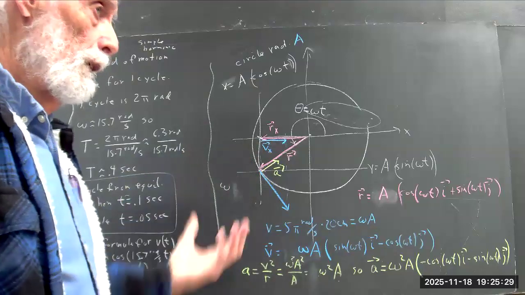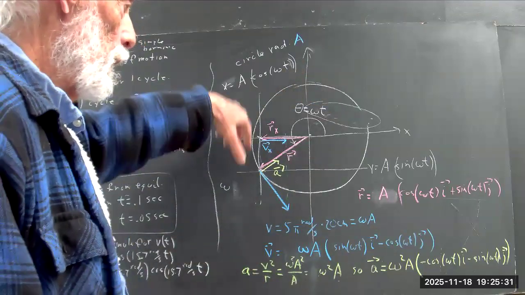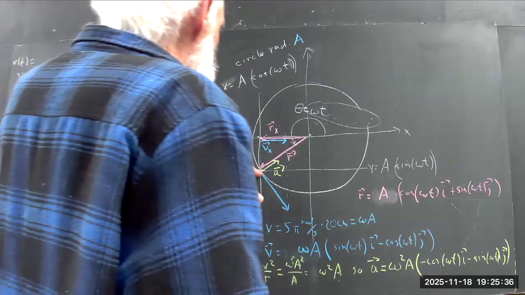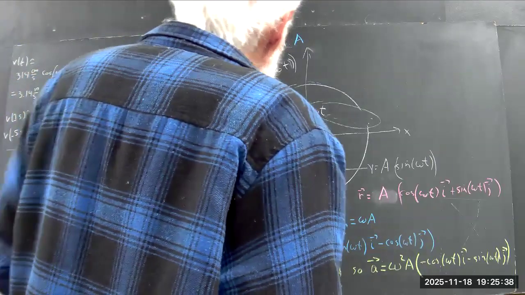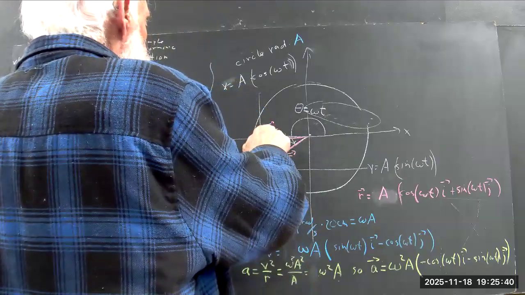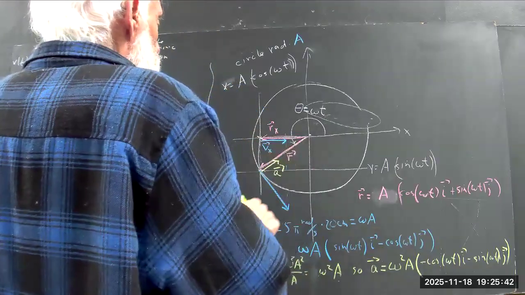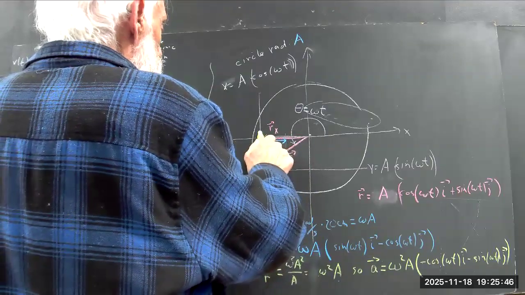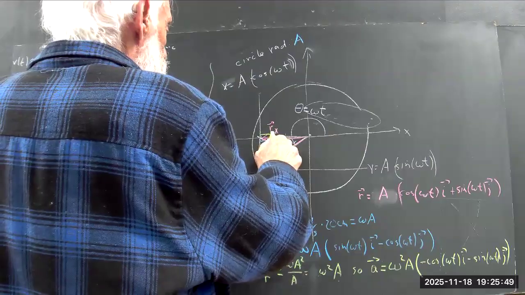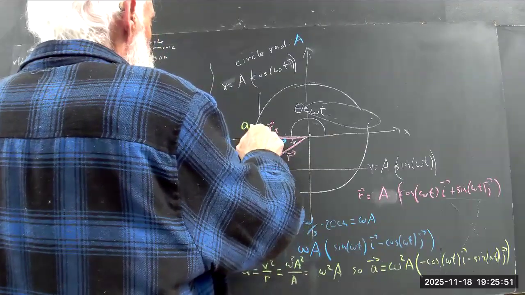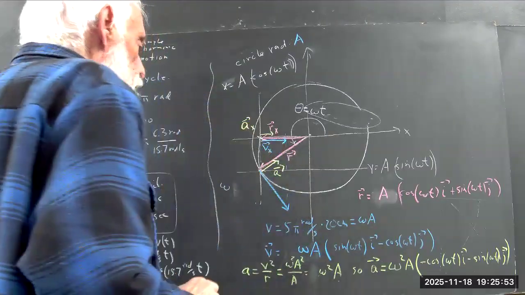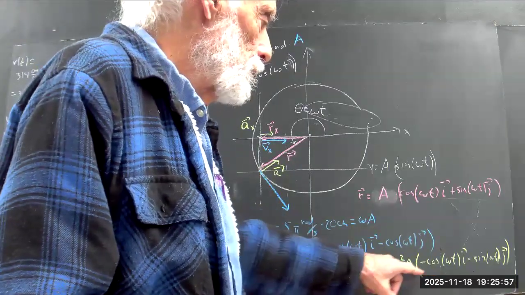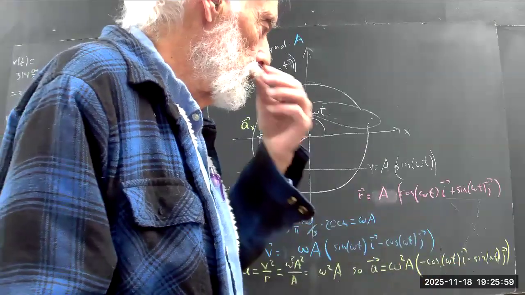We reasoned this out from other principles, from what we know about angular motion and so forth. The projection of this acceleration vector up here, well, it's getting a little messy, but it's going to be this vector, which we'll call A sub x. The x component of A is just omega squared A times the negative cosine of omega t.